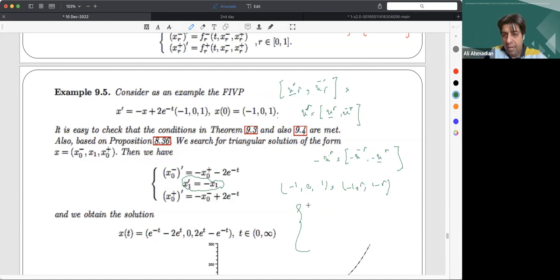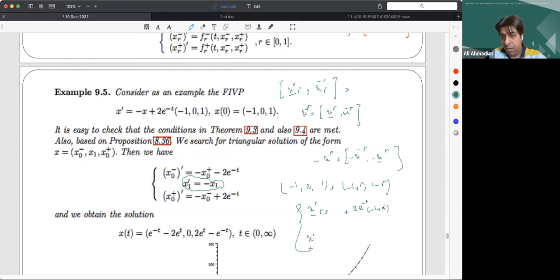So I write the left side, x prime lower r, 2e minus t minus 1 plus alpha.